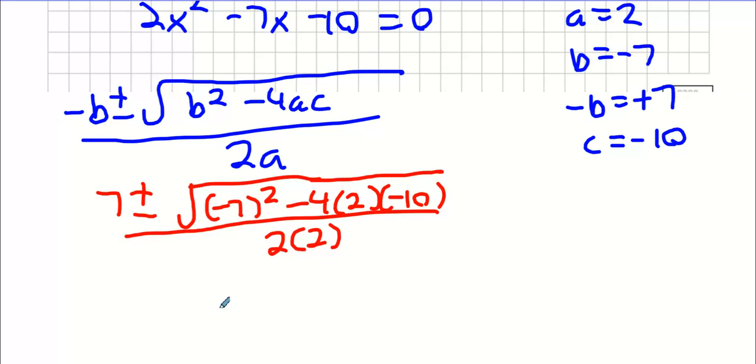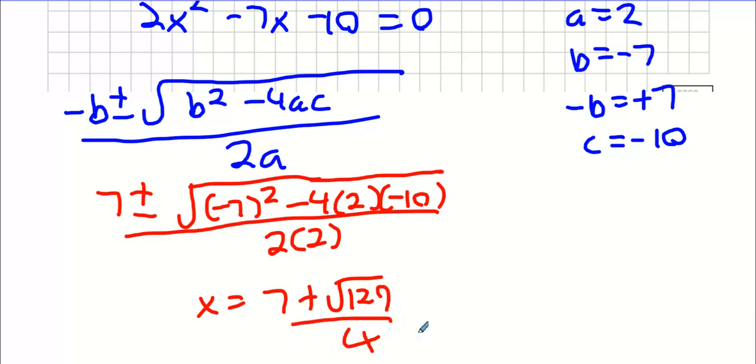What do we get then? Actually, we just throw it into the calculator usually, don't we? What do you get? 7 plus root 129 all over 4. And the opposite would be minus then, wouldn't it? Happy enough?